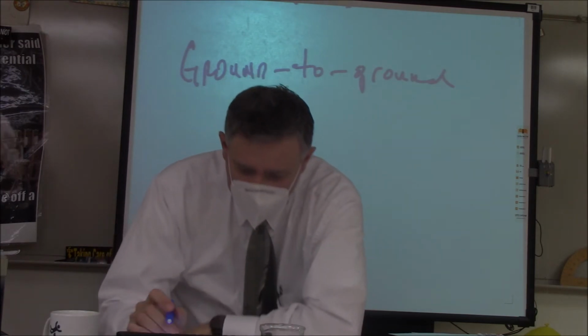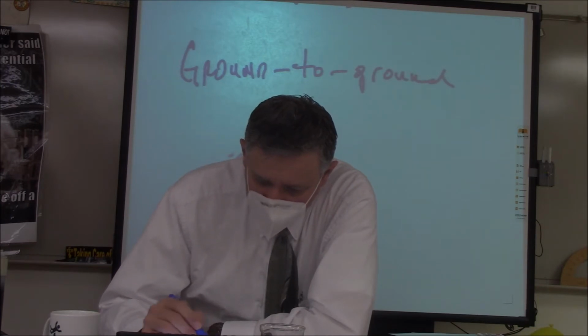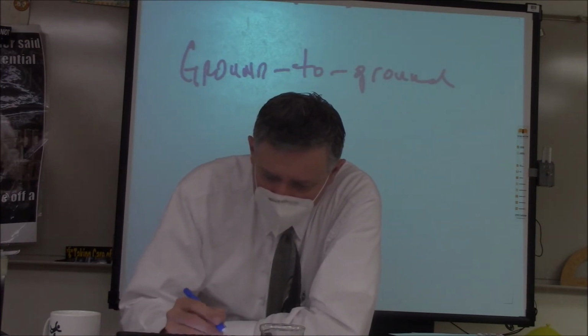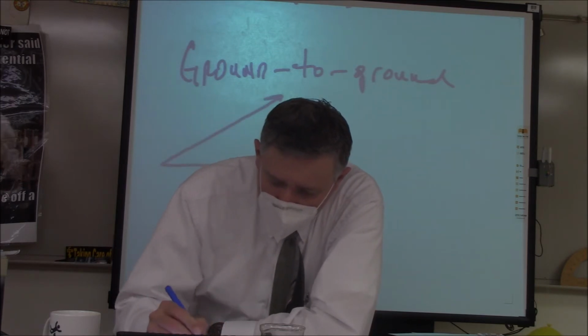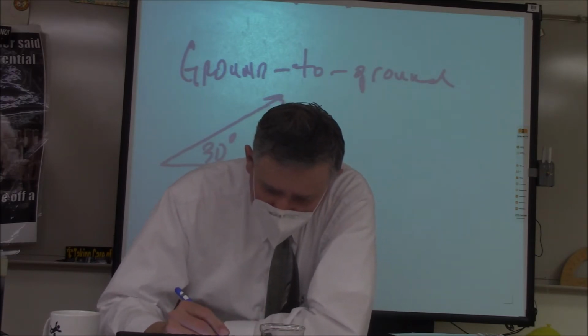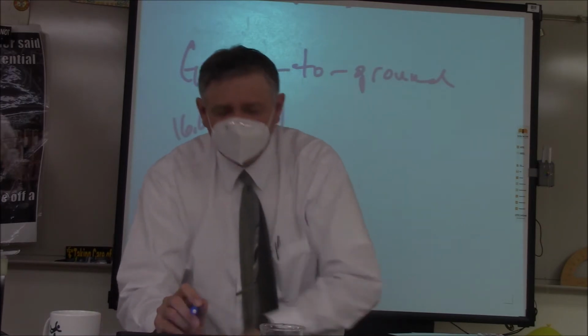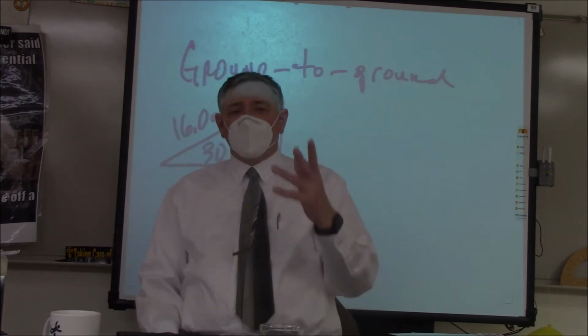So let's say, just make up some numbers, it was launched at, I don't know, 16 meters per second. So let's say that was my launch velocity, 16 meters per second at 30 degrees.